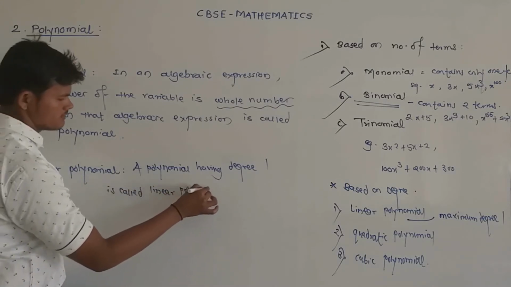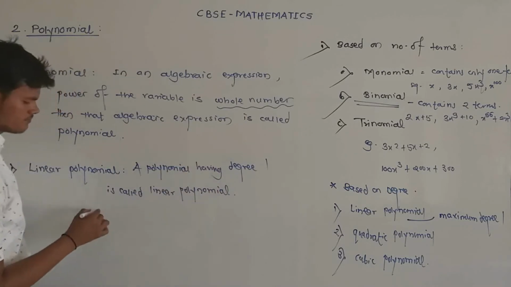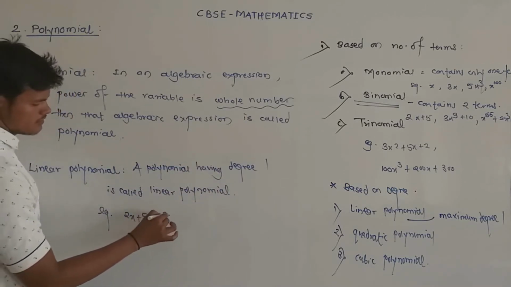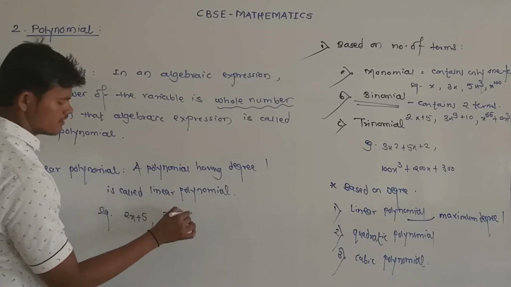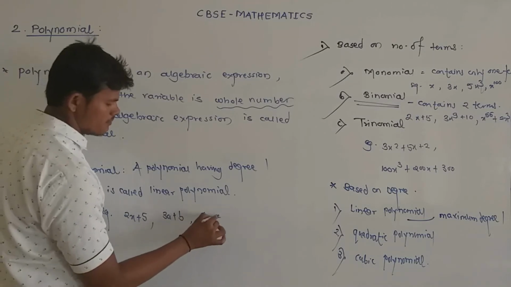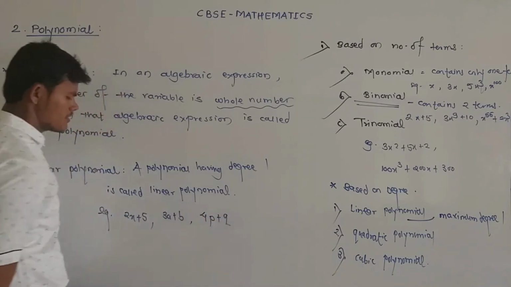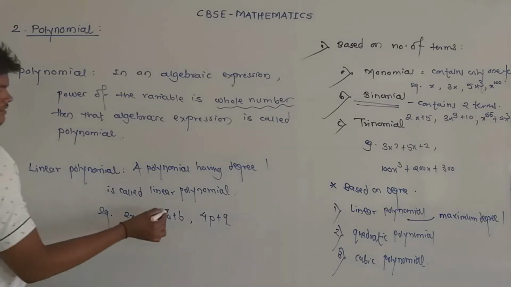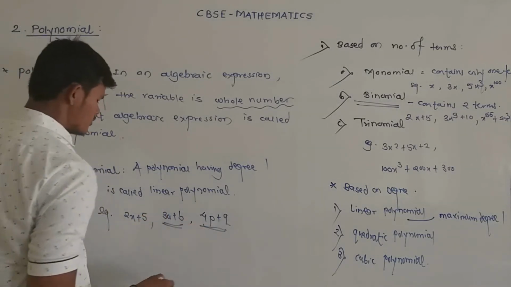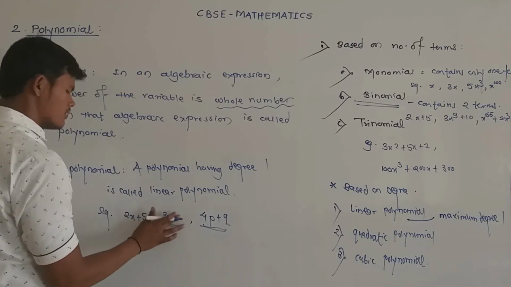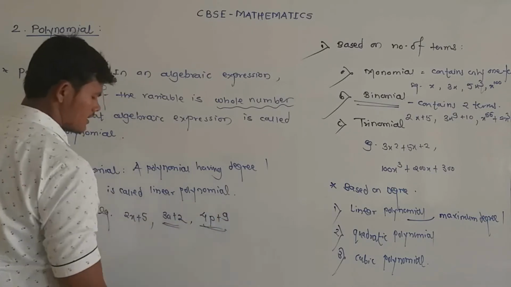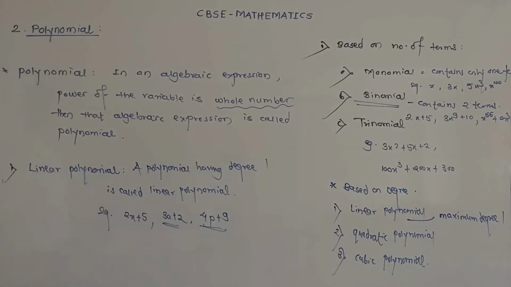For example, 2x plus 5, 3a plus b, 4p plus q. But this is a polynomial in two variables. We have to use only one variable. So 3a plus 2, 4p plus 9. These are the examples of linear polynomial.